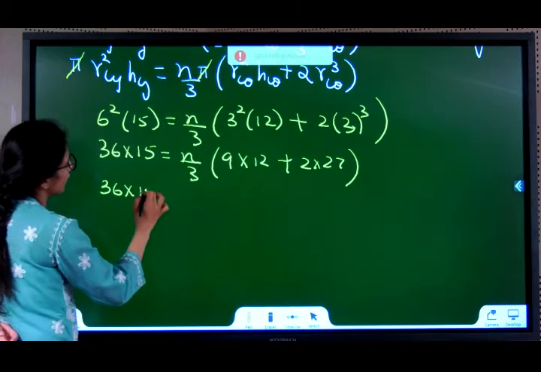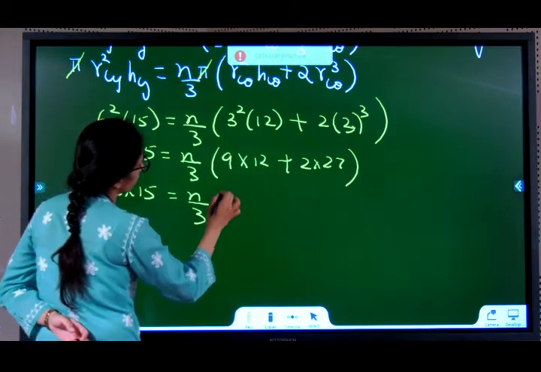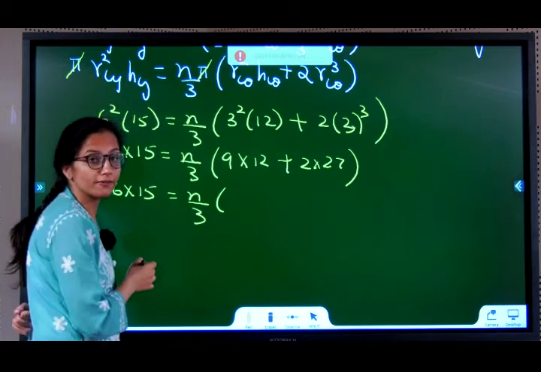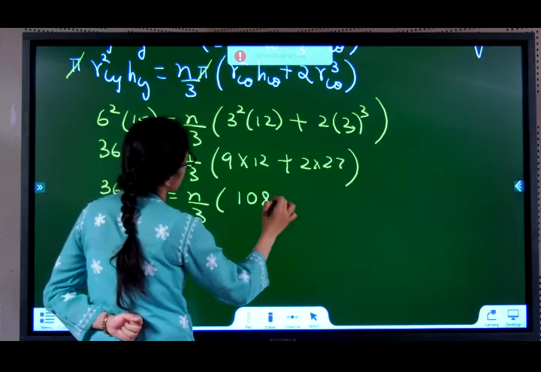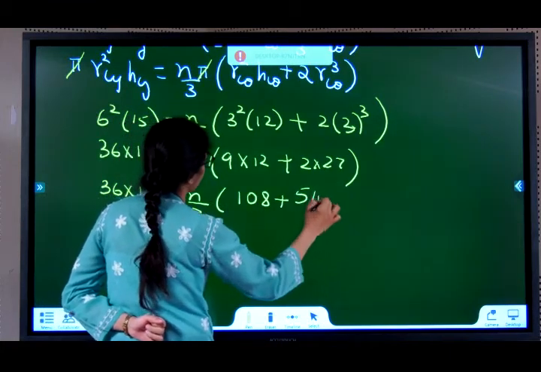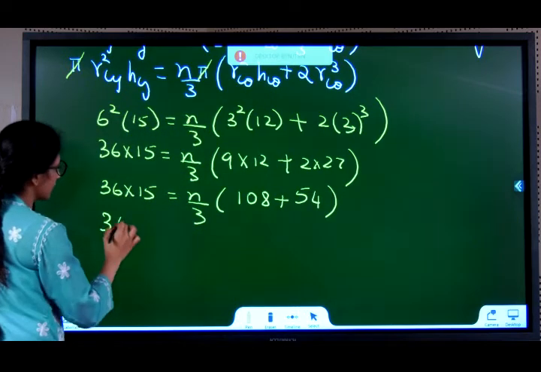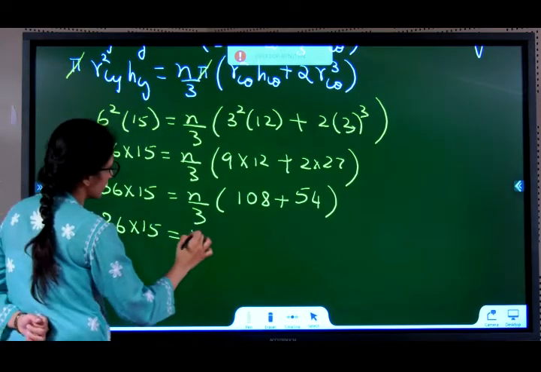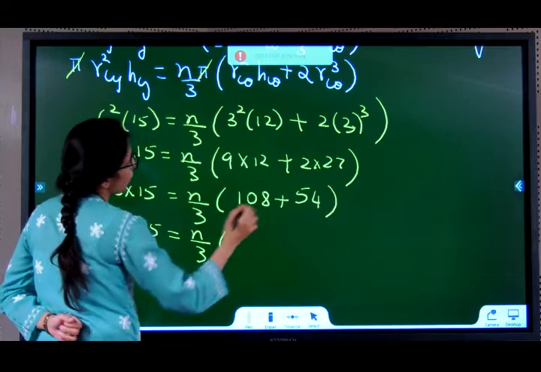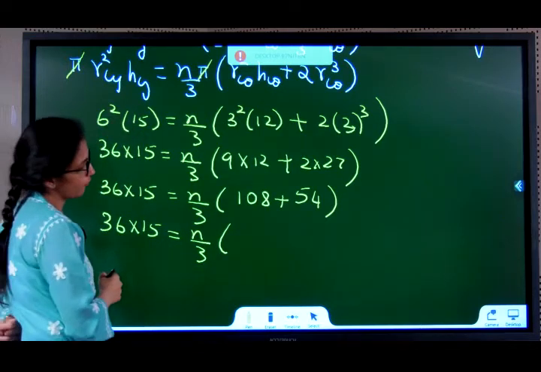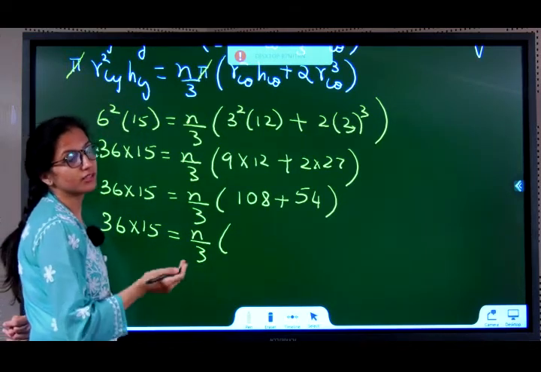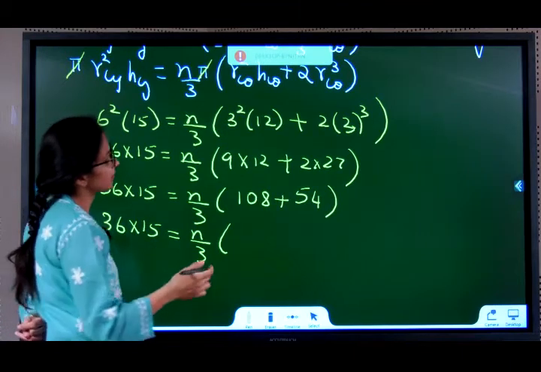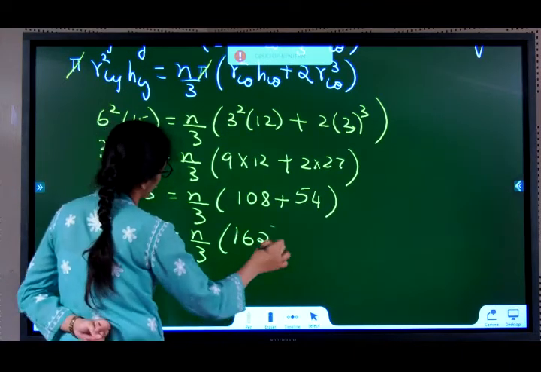36 into 15 is equal to n by 3 into 9 into 12, 108, 27 into 2, 54. 36 into 15 is equal to n by 3 into 108 plus 54. 108 plus 54 is 162.